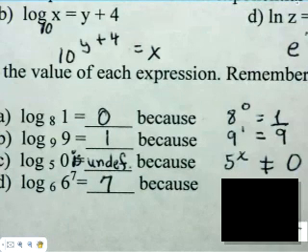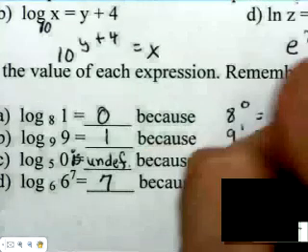It's just 10. I'm trying to fall back on my ducks and pigs and it's not working so well. Log base anything of that same base to a power is just the power. Because 6 to the 7th equals 6 to the 7th.